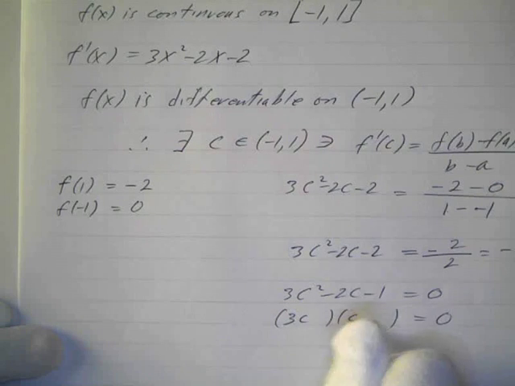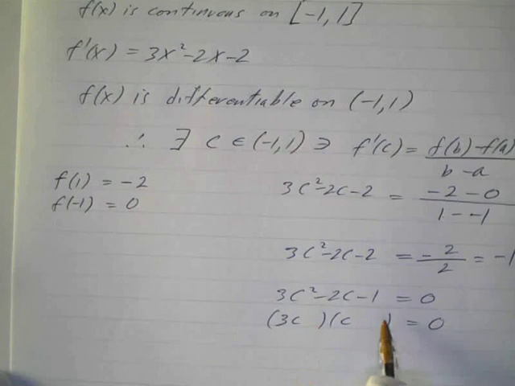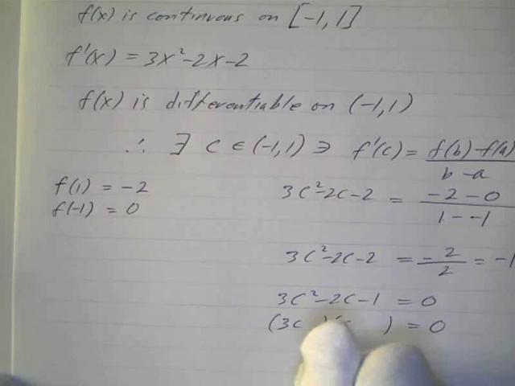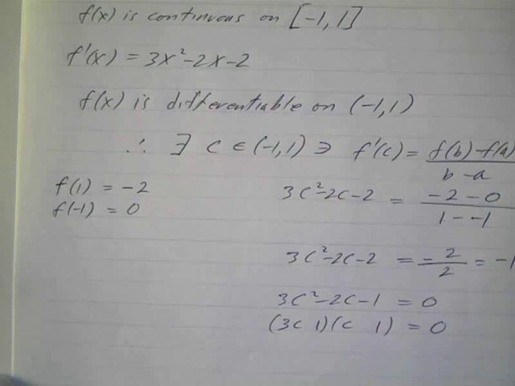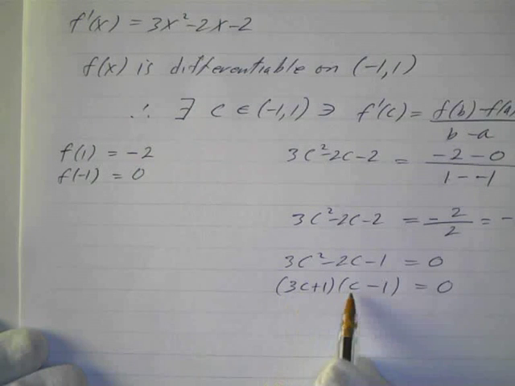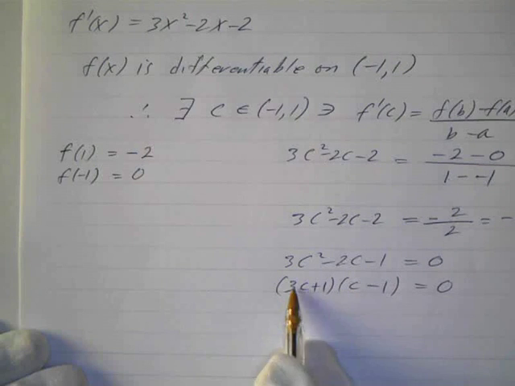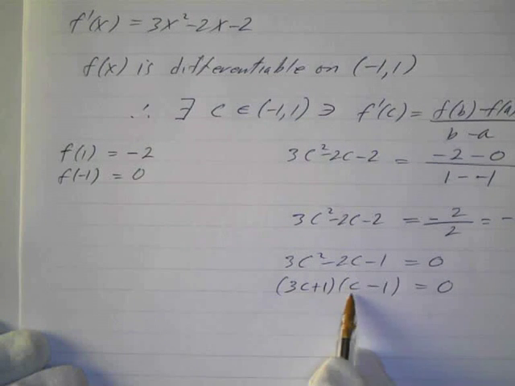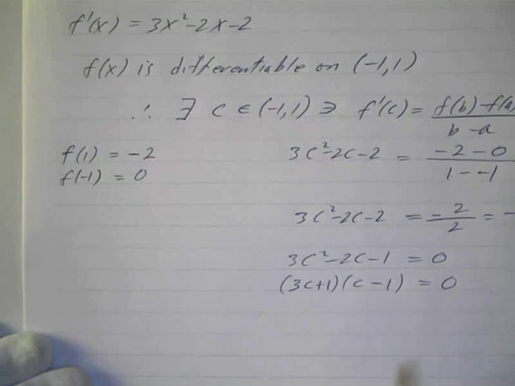So 3c and c, and we've got to have 1s here, so we just have to figure out our signs. That's the only way we can get 1. If I put a positive here and a negative there, that's going to be -3c plus c is -2c, and -1, so that's what's going to work.